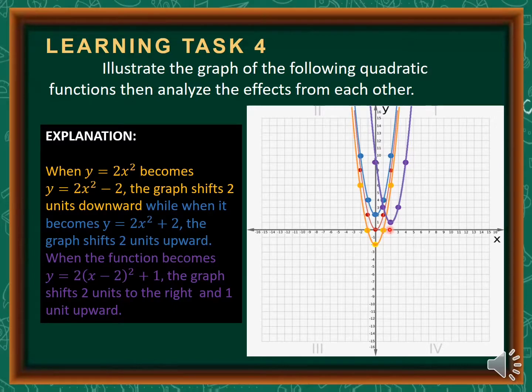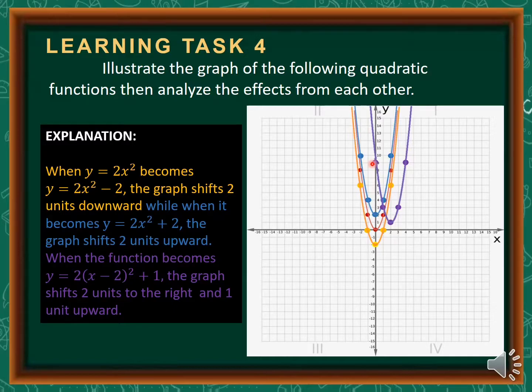Ayun, 1 upward. Again, 2 to the right, and 1 upward. So, ganun din ba dito? 1, 2, 1. Dito, 1, 2, 1. So, dito sa point na to, 1, 2, 1. How about this point? 1, 2, 1. So, ganun po yung pattern ng ating movement or shifting ng ating graph from the original equation or function.